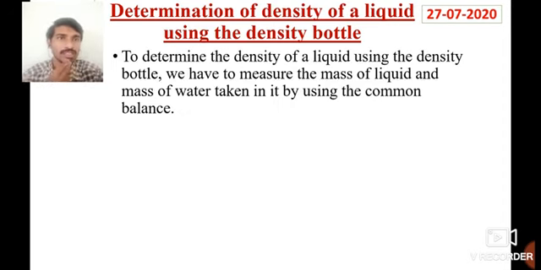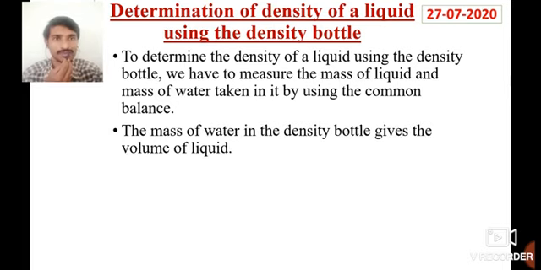To determine the density of a liquid using the density bottle, we have to measure the mass of the liquid and the mass of water using a common beam balance. First we have to find the mass of the liquid and the mass of the water. The mass of water in the density bottle gives the volume of the liquid.